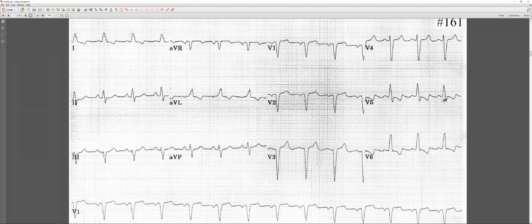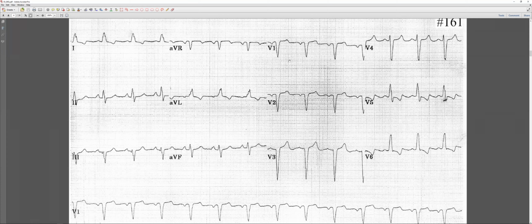So this pulls the QRS complex apart because it takes a longer time than it should. And the S wave also becomes very deep, but I don't exactly know why.